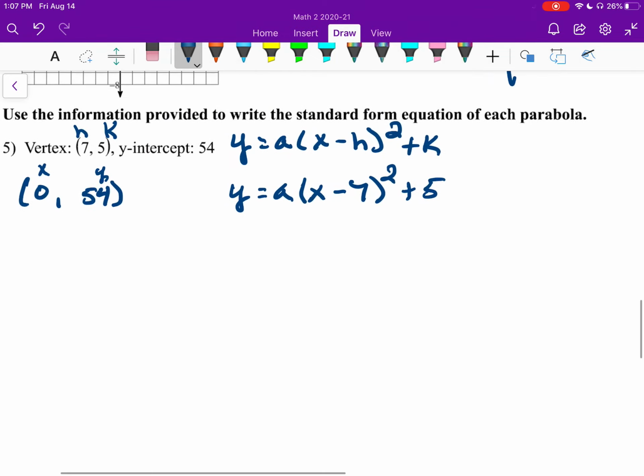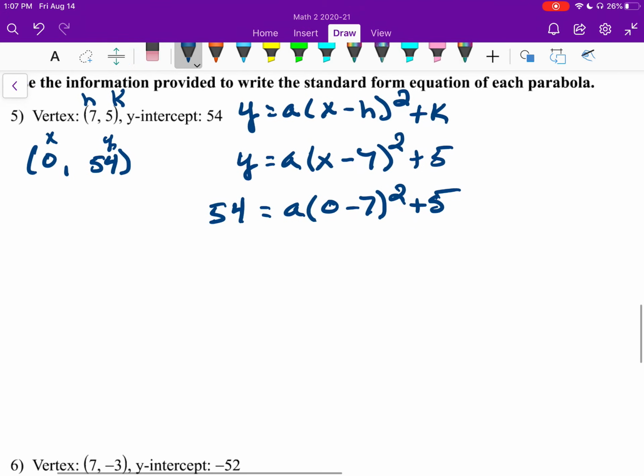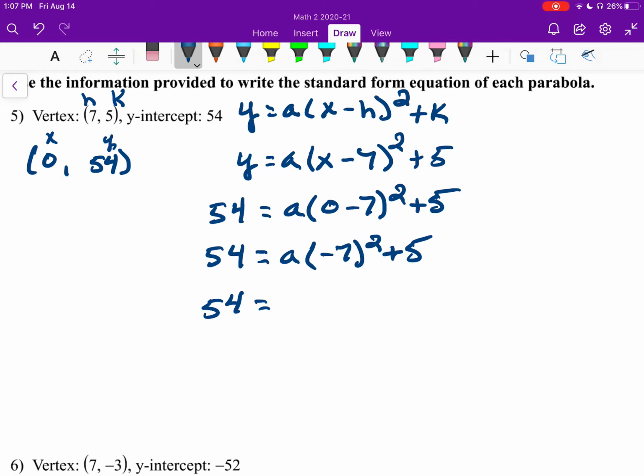So I've got 54 equals a(0 minus 7) squared plus 5. I've got 54 equals a(negative 7) squared plus 5, and negative 7 squared is 49.